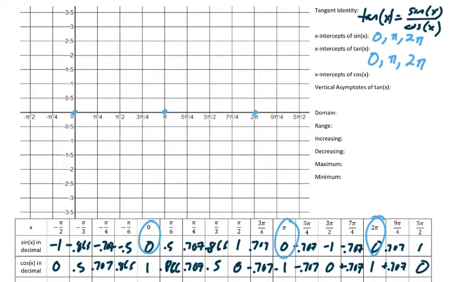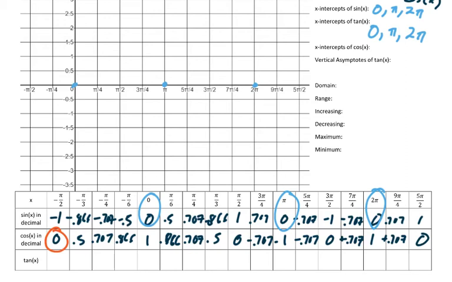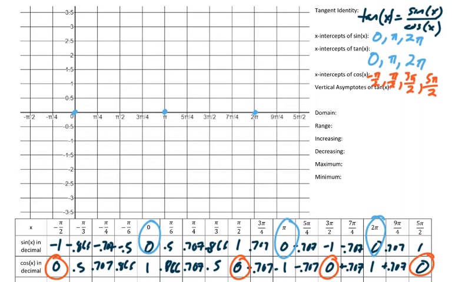Now let's look at the x-intercepts of cosine. Here's one at negative pi over 2, then there's one at pi over 2, another at 3 pi over 2, and one at 5 pi over 2. Since the cosine is in the denominator, once that cosine is equal to 0, that's going to create vertical asymptotes.